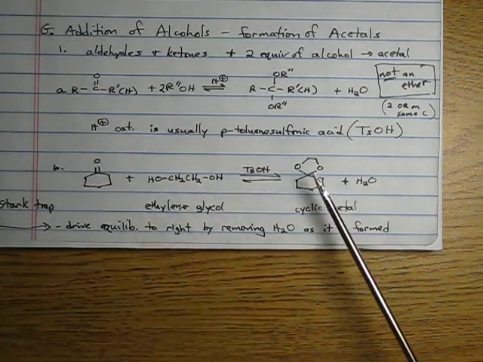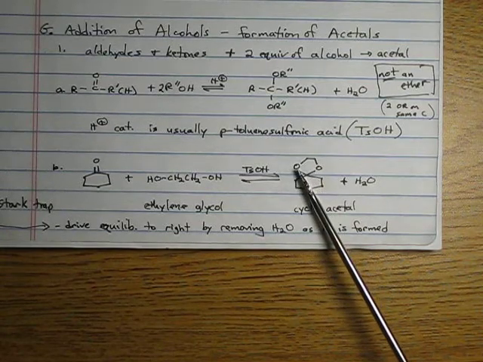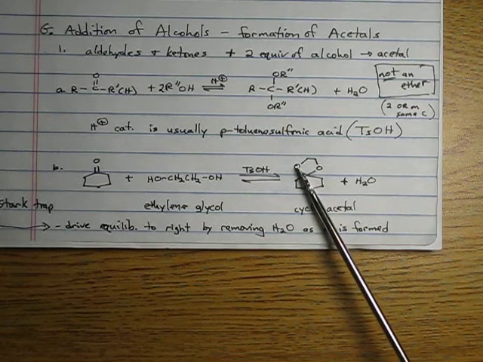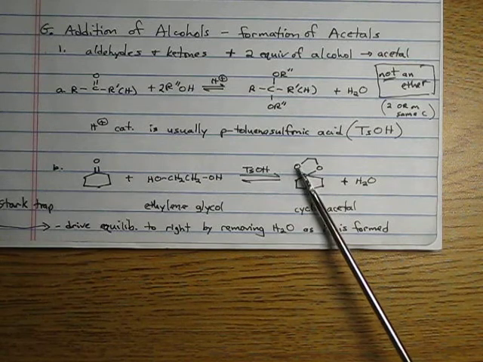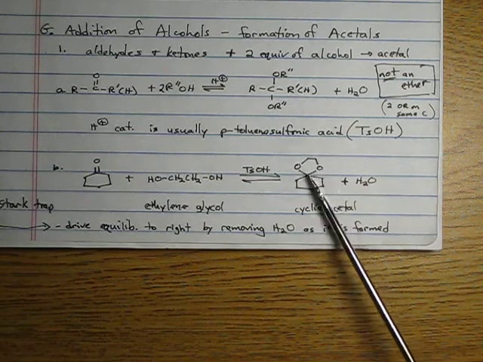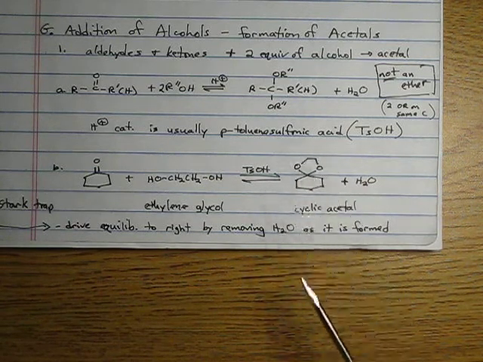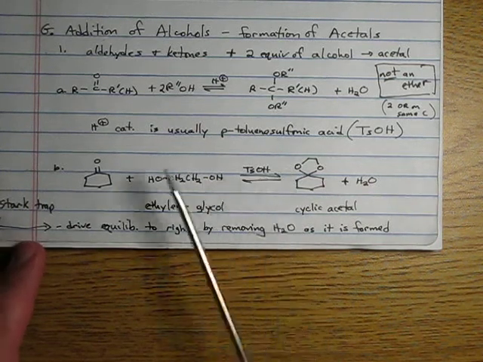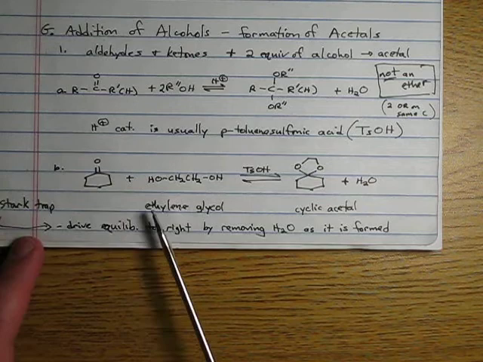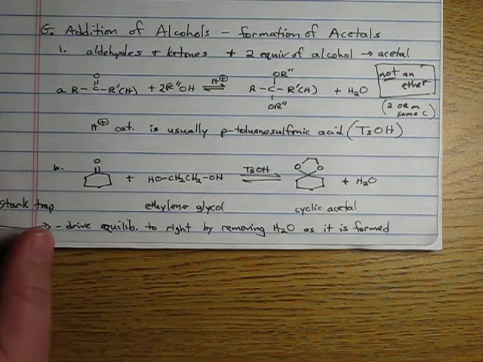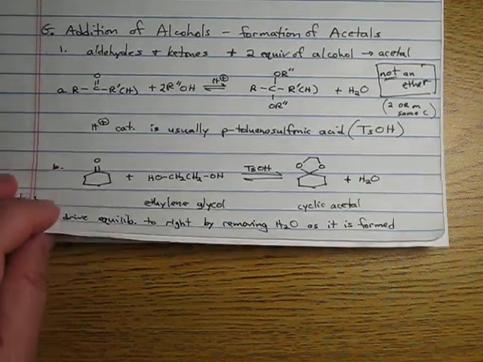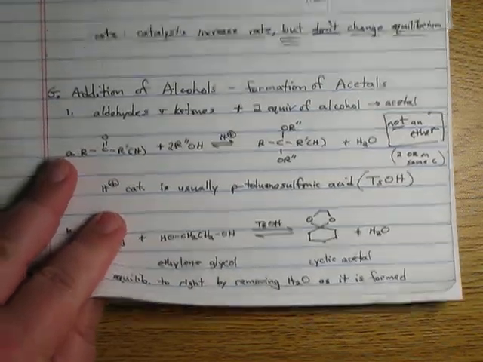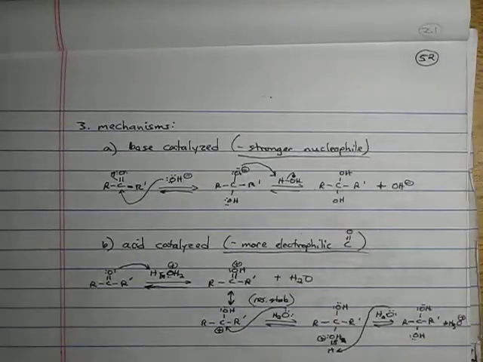Well, we get the carbon single bonded to the oxygen of one side of this glycol, to the alcohol here, CH2, our other alcohol. We make this cyclic acetal. Taking a ketone or aldehyde and adding ethylene glycol is going to be very nice for us coming up in just a few minutes, perhaps on the next video.